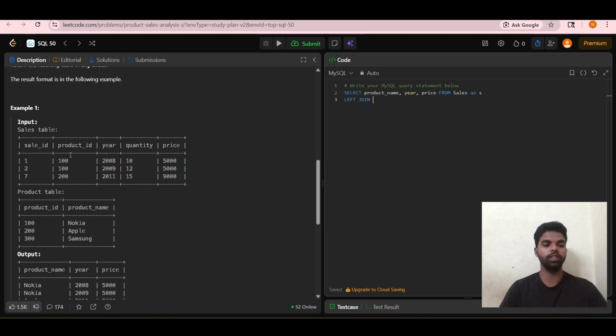Because the second table is the Product table, which has product ID on the left. The second table name is Product, so we write Product as P, and here we write ON P.product ID is equal to S.product ID.